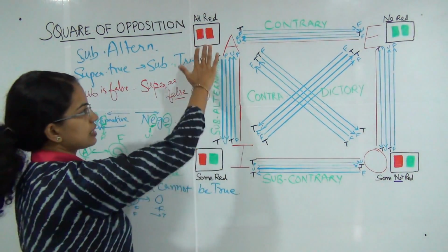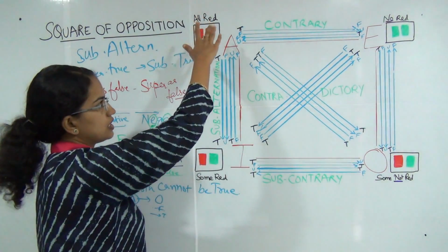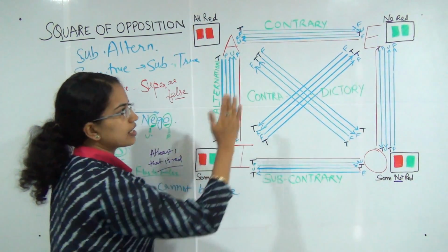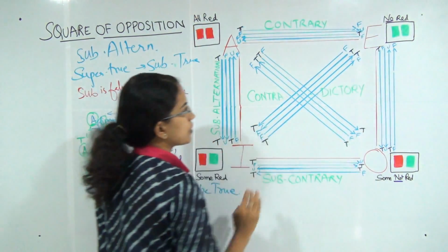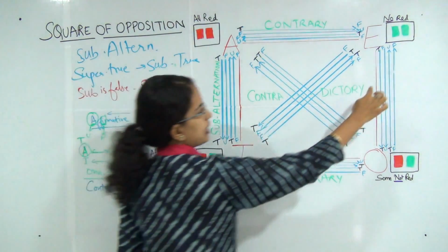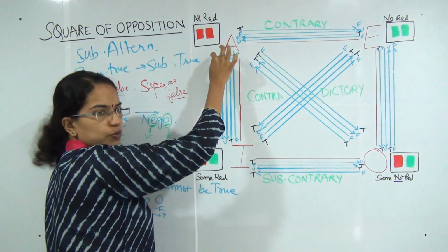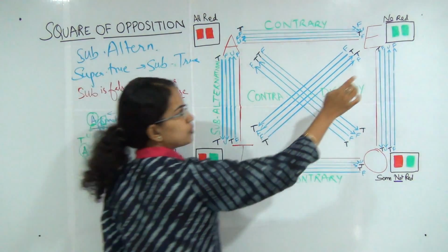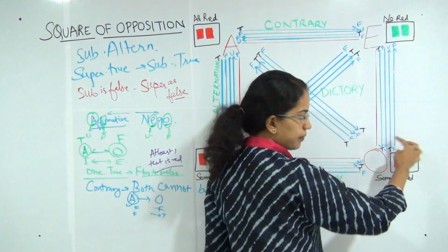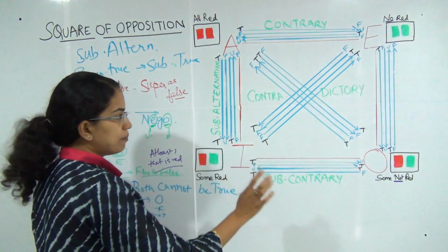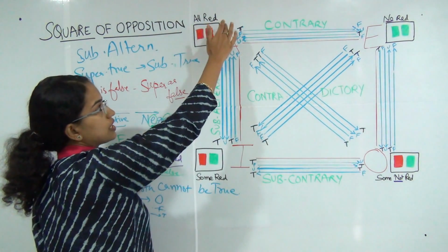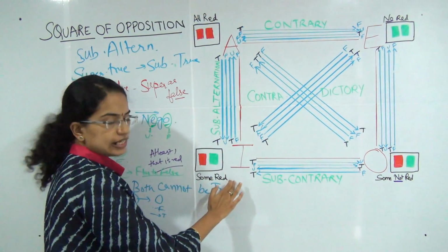And lastly is subaltern. Subaltern is a relationship between A and I and E and O. So a relationship here and a relationship here. Here, if super is true, sub has to be true. But if this is false, I cannot say anything about this.